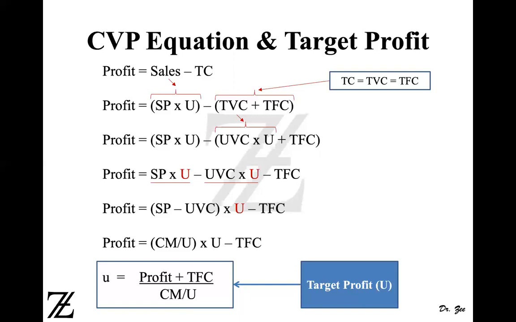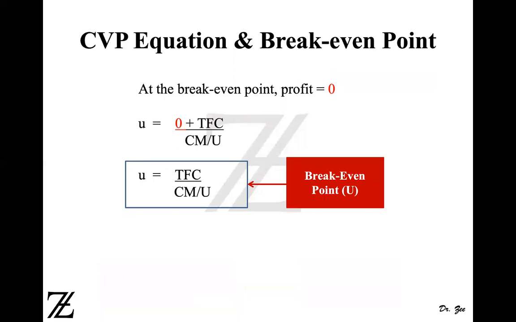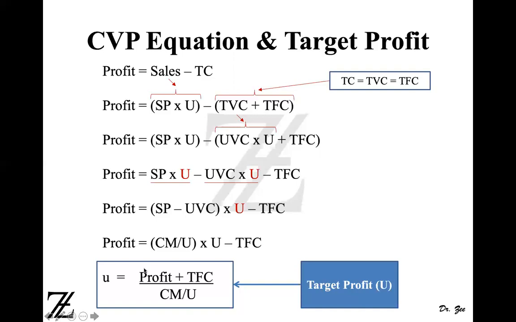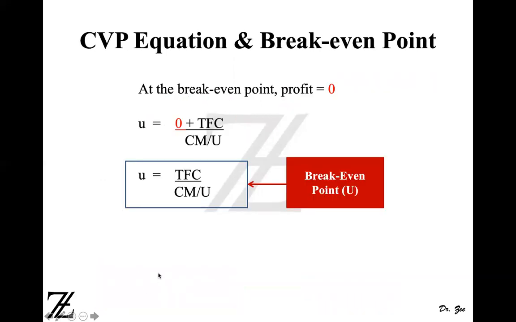Now we move on to the break-even point. At the break-even point, your profits are zero. If your profits are zero, then going back to our previous equation, we are going to substitute that profit as zero. In this equation right here, in red, it shows that zero is substituted for profit, plus total fixed cost divided by contribution margin per unit.